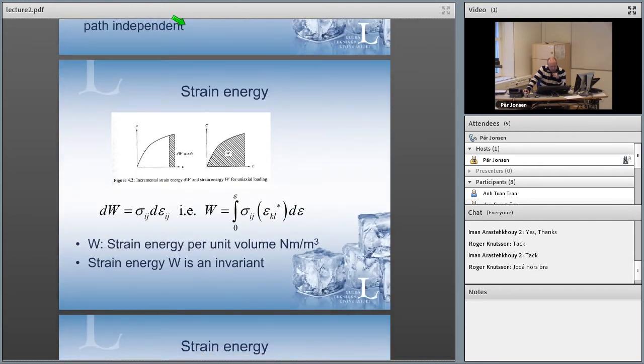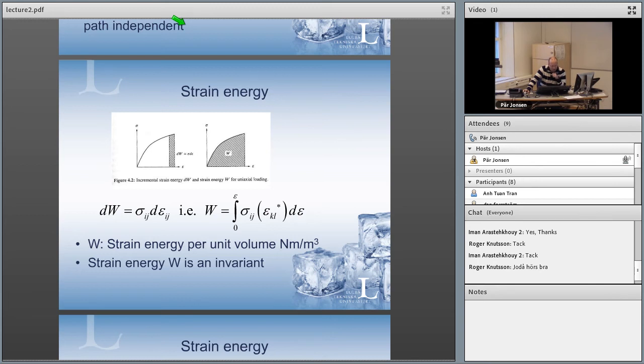For strain energy, you can look at this picture, for example, that you have in the book, figure 4.2. The strain energy of a deforming process is the area under this curve here. You can also write it in an incremental form, like this one. Then you can take steps and integrate each time.